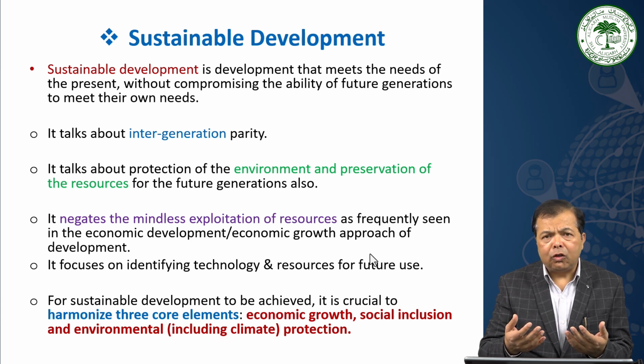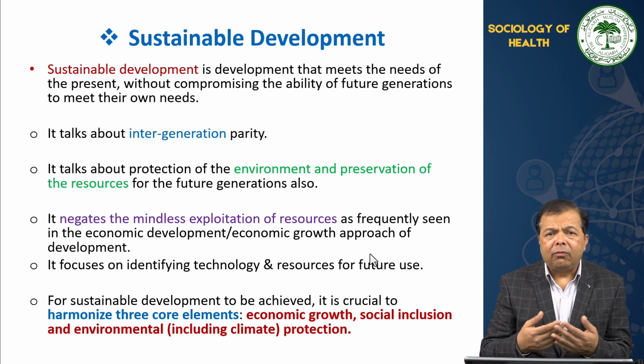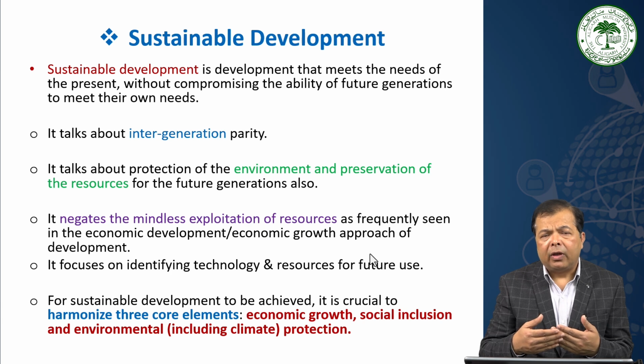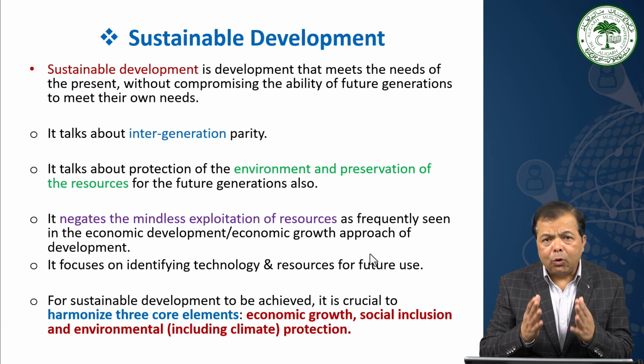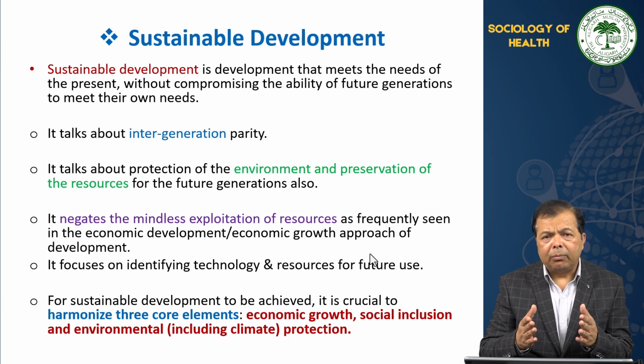There are so many things, you might have read those things. So sustainability will not be possible if we compromise with the environment. And so this approach talks about making optimum use, but in such a way that we preserve the environment.